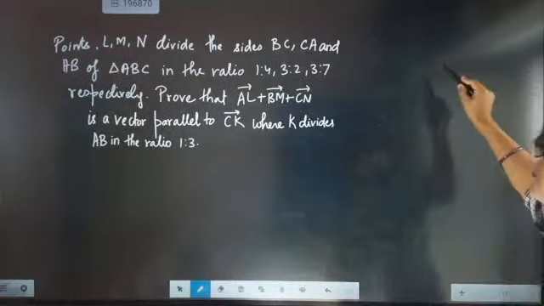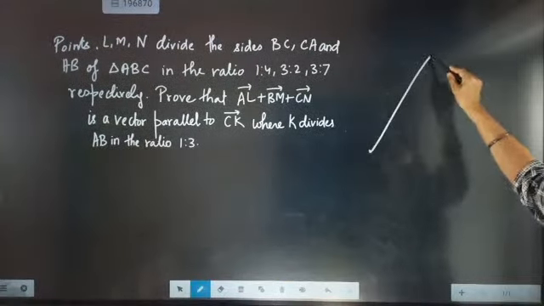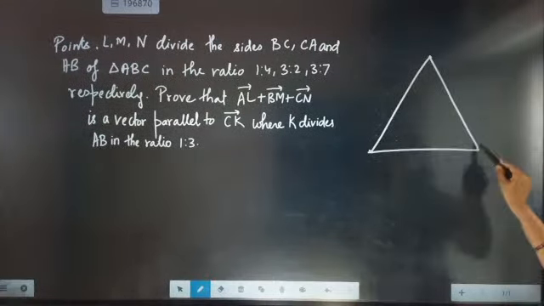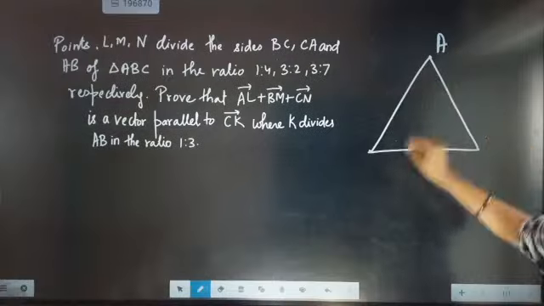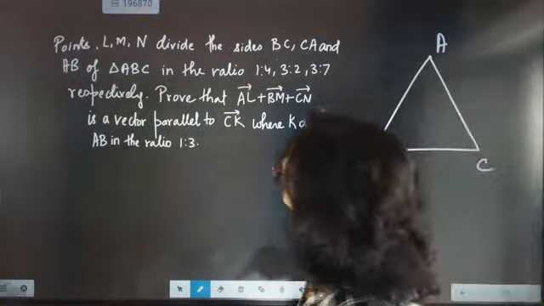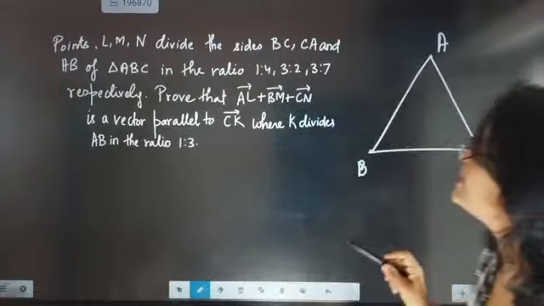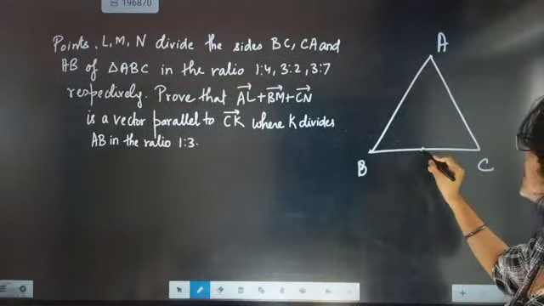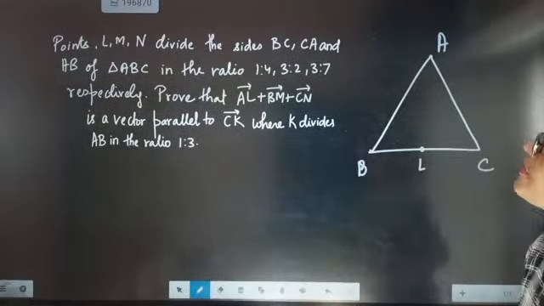What is given to you is that A, B and C is there. Point L is dividing the side BC.